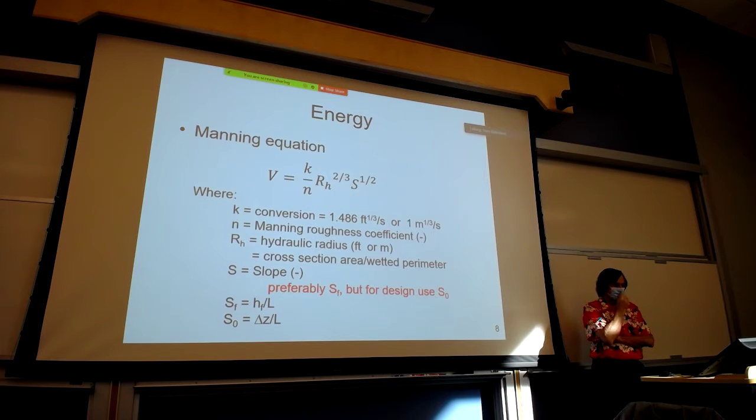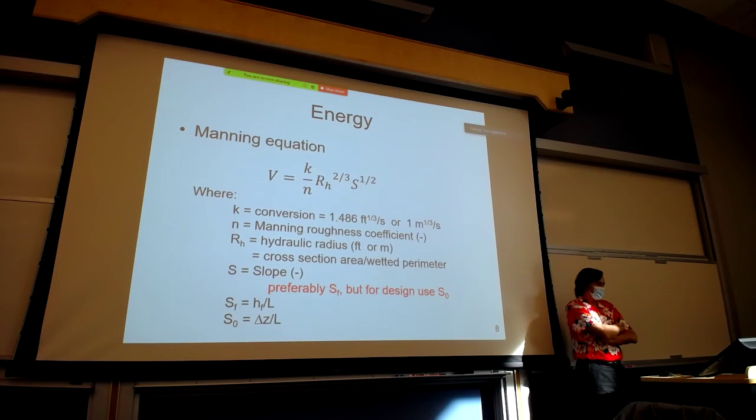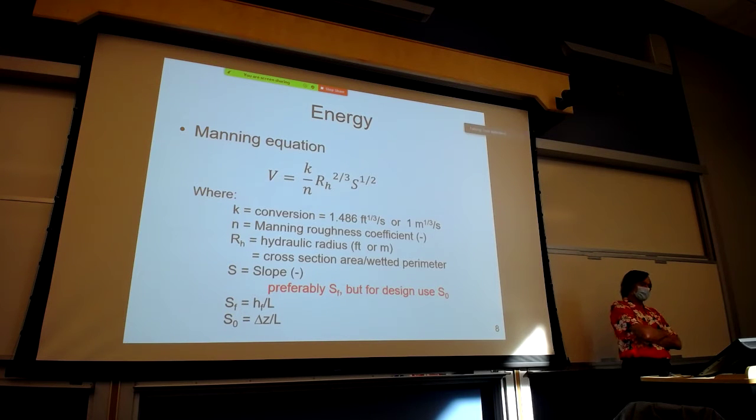And it's actually much easier to put a survey rod on the bed of a channel than it is to put it on the energy grade line when you're in the field. So again, this is something that we can physically start to use. The energy grade line slope is something that we can calculate, and typically that's used within more of the computer approaches when we're looking at open channel flow.